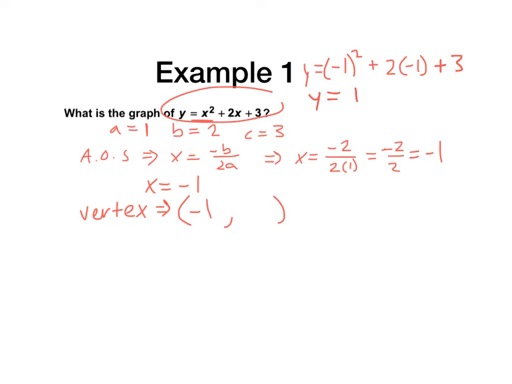Negative 2, so we have a minus 2. And then plus 3. So what's 1 minus 2? Negative 1. And what's negative 1 plus 3? 2. So our vertex is going to be negative 1, comma 2.